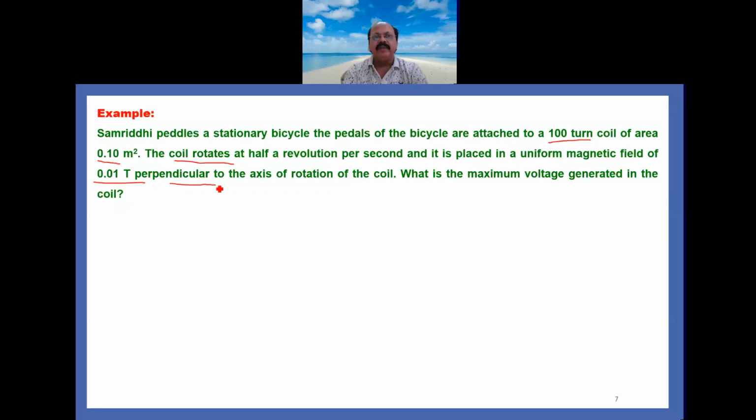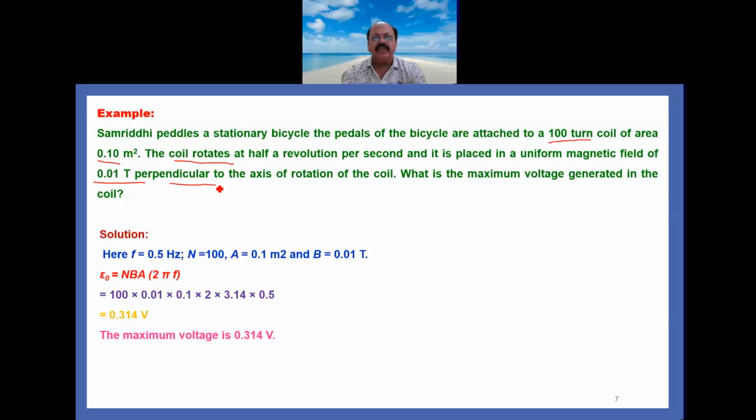Theta is also given, theta equal to 90 degrees, perpendicular to the axis of rotation of the coil. Then you directly apply the formula E naught equal to N B A omega, where omega is 2 pi f. Substitute all values and then solve it.